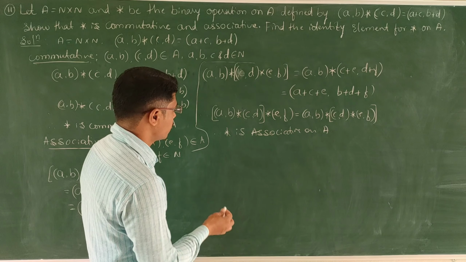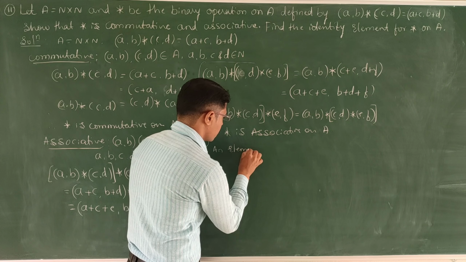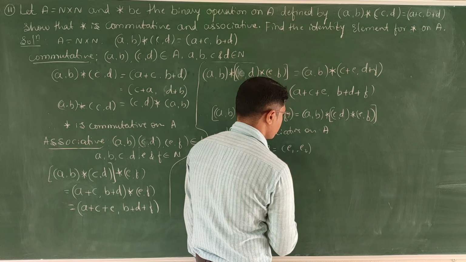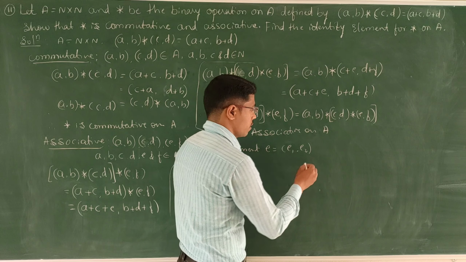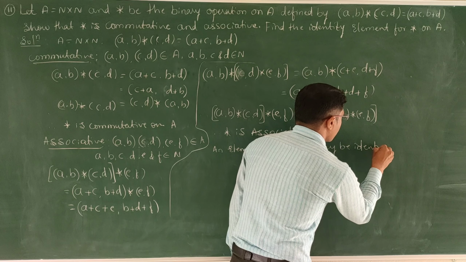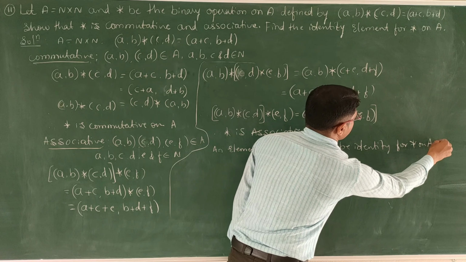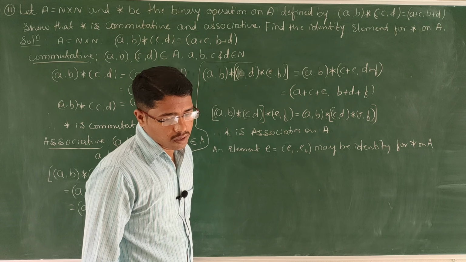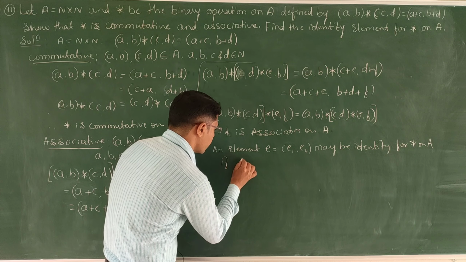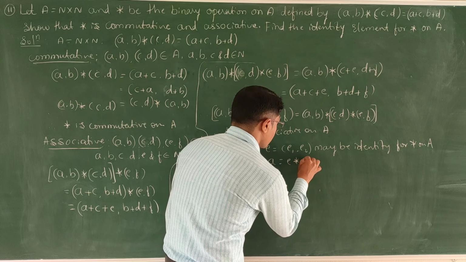Okay, so an element of the Cartesian product, e equal to (e1, e2), may be the identity for star on A. What is the identity definition? a star e equals a equals e star a.